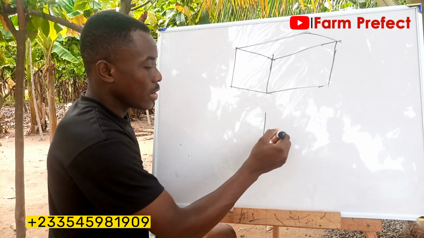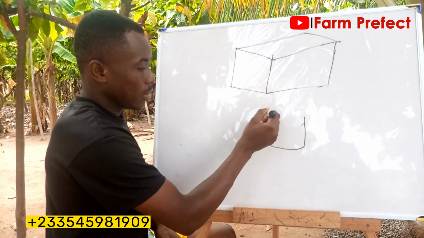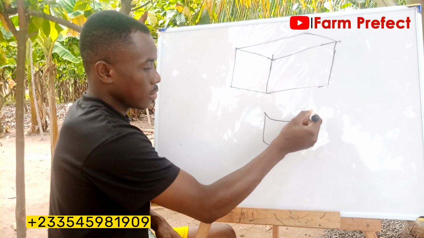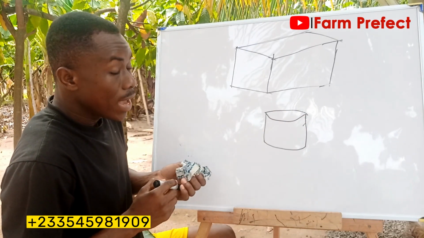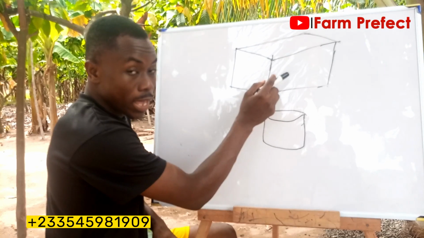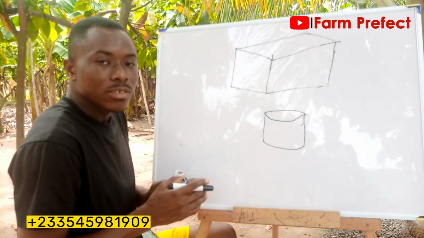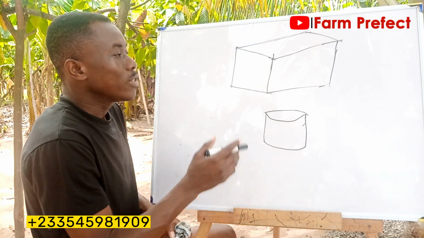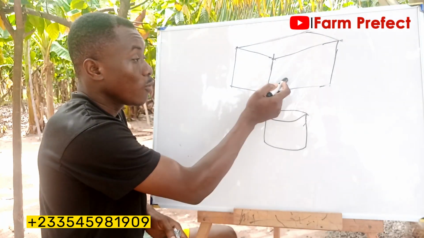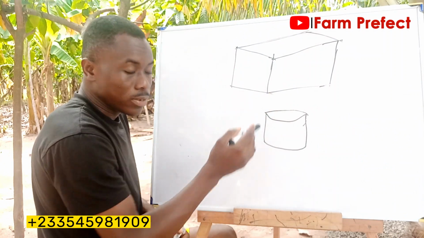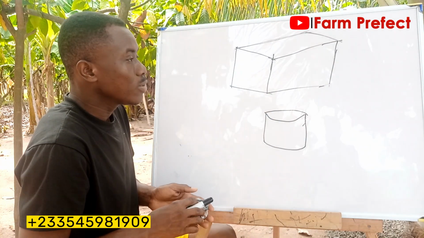So that one we can represent it like this. Now, the way to determine the volume here is not the same as the way to determine the volume here. But in this video, what we want to do is to focus on how to determine the volume of water that a rectangular pond can hold, or should be filled with.